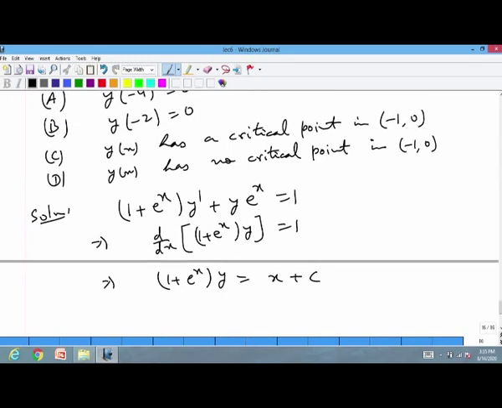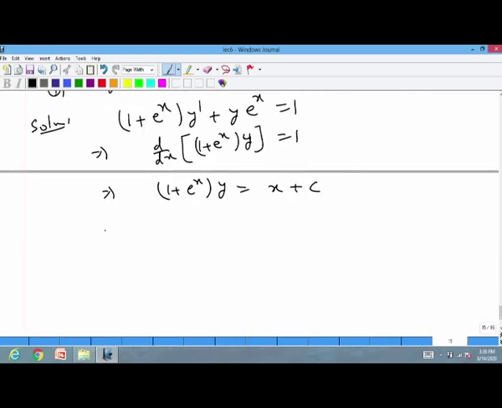Of course, you could have also seen that this is a linear first order ODE, then you could find the integrating factor and do it, but sometimes it is easier if you can just realize this as the total derivative of some function. So, this implies y is equal to (x plus c) divided by (1 plus e to the x).